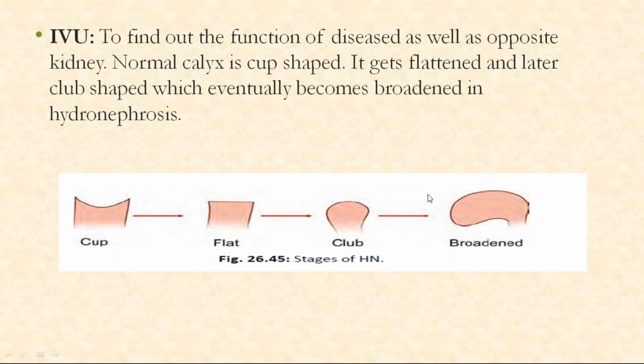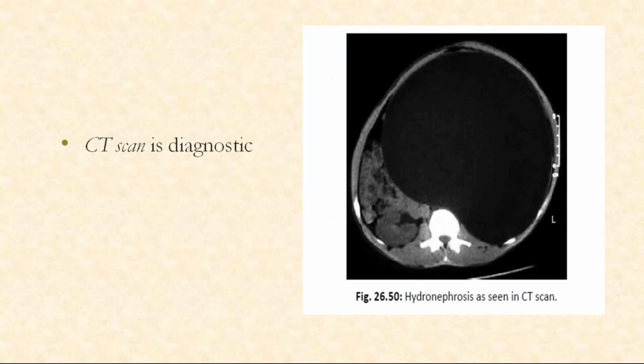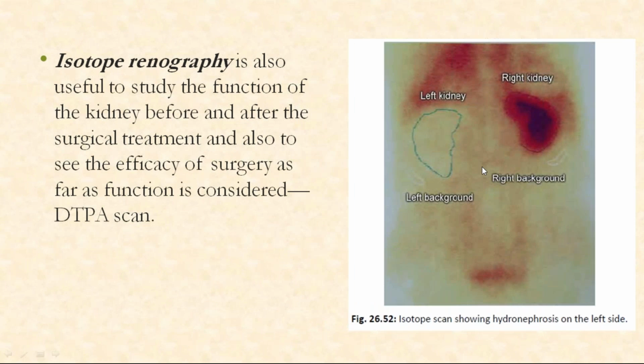Intravenous pyelography findings. You see, this is the cupping. So already the club is divided. It is a clubbing. That is the IVP finding. CT shows the enlargement of the kidney in hydronephrosis. Isotope renography is done.